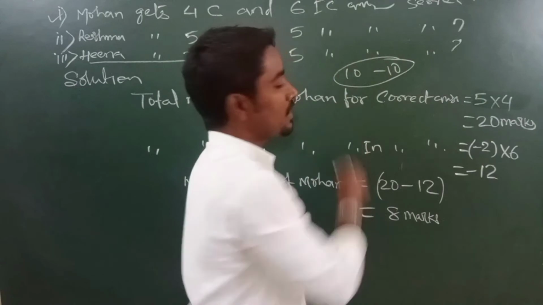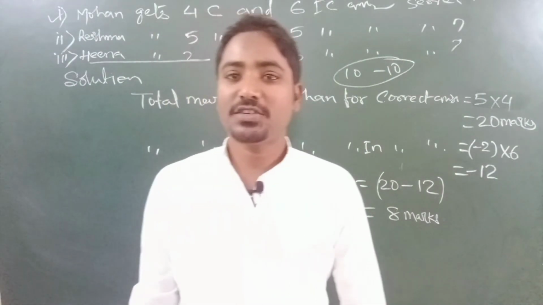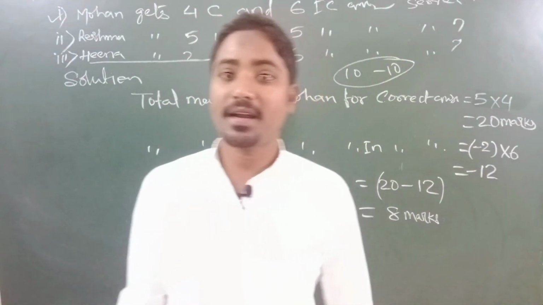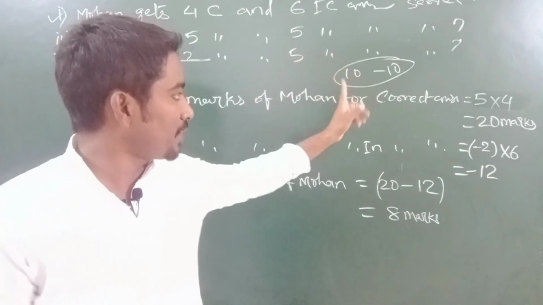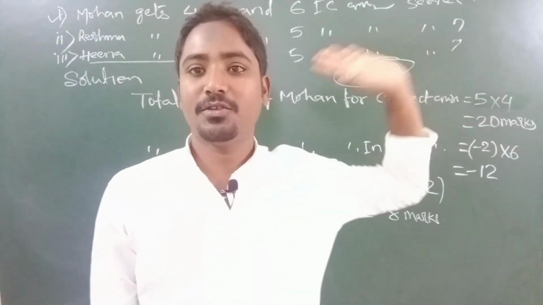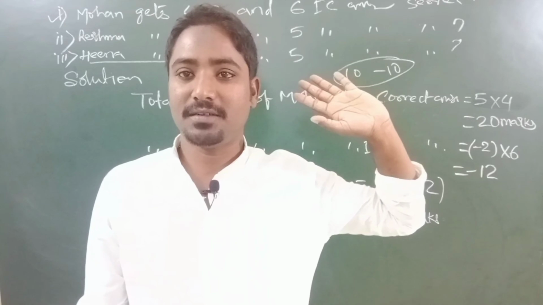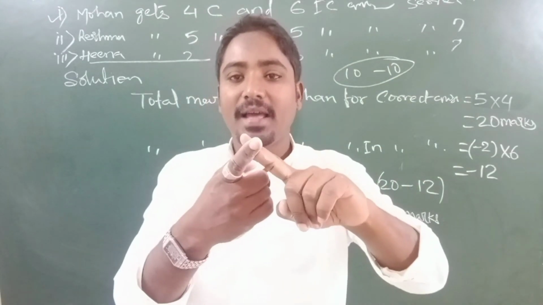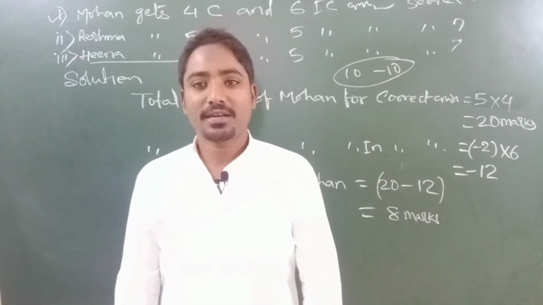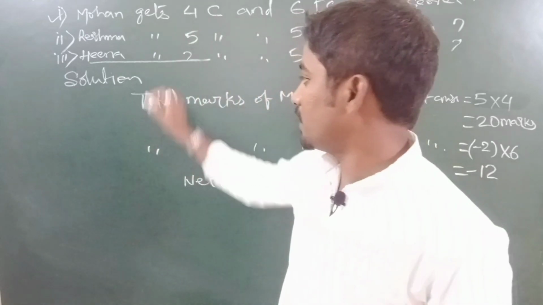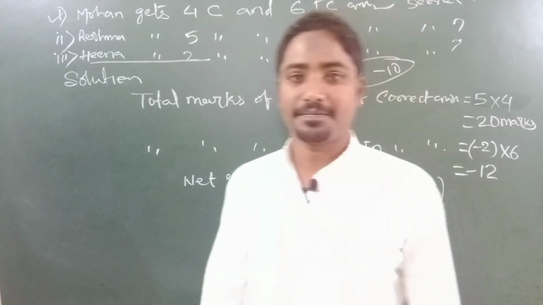Now for her net score, you have to add 10 to -10. Both will cancel each other, and finally you will get 0. So the score of Hina will be 0.